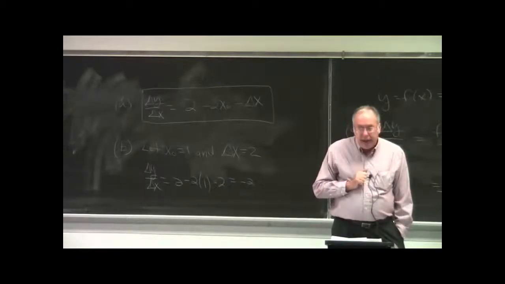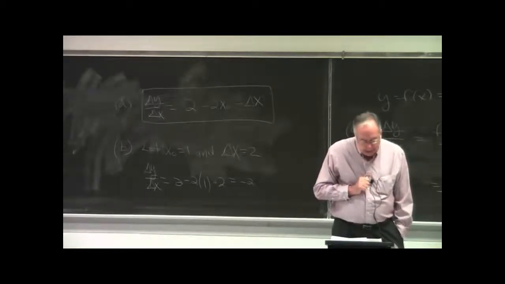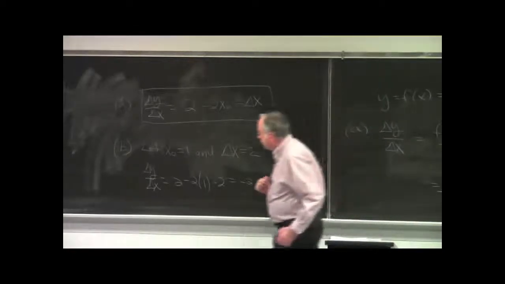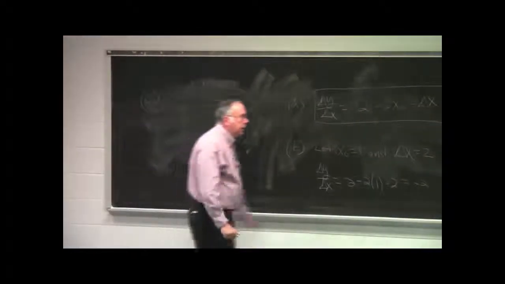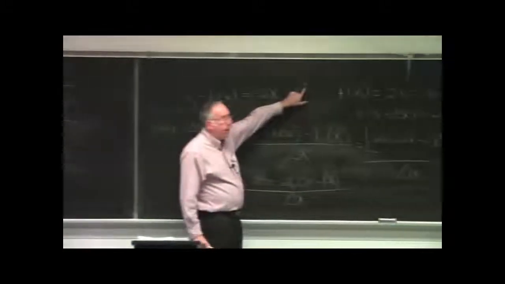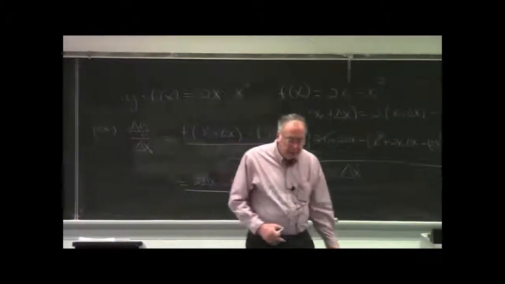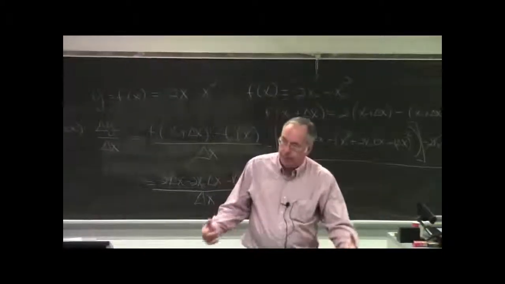Sketch the function f of x and illustrate your answer in part B. So in part C, we're to sketch the function. Now, anytime you have an equation like this, and the highest power is 2, then this is going to be a quadratic function.